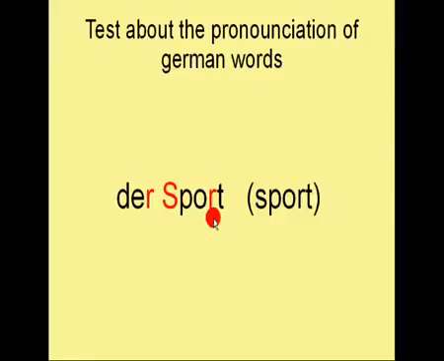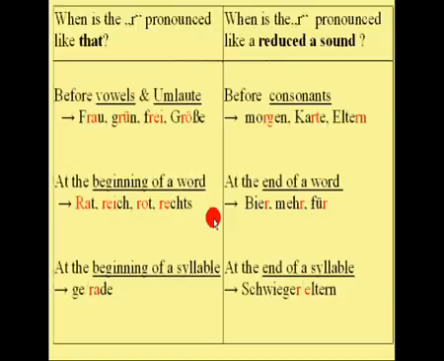And then again here is the question, in which way is it pronounced? Because the R can be pronounced in two different ways. In this case, it's at the end of a word, and therefore it's pronounced like a reduced R sound.